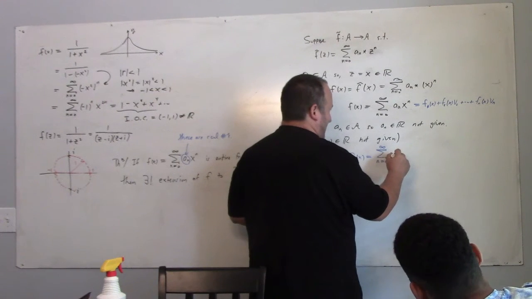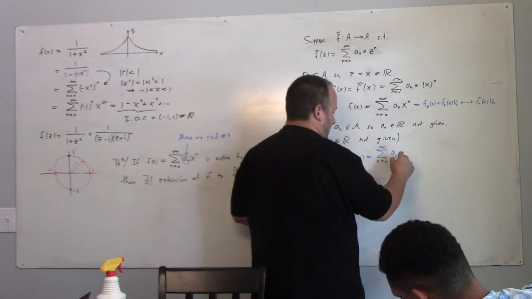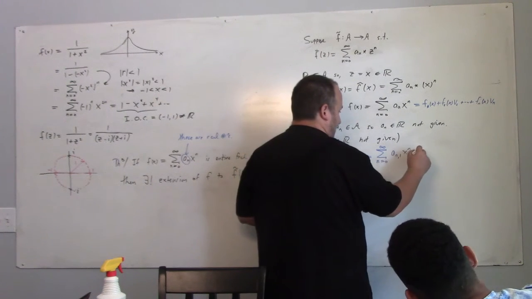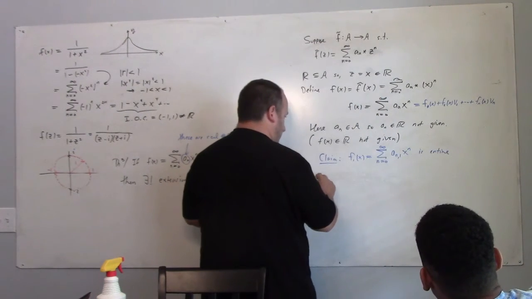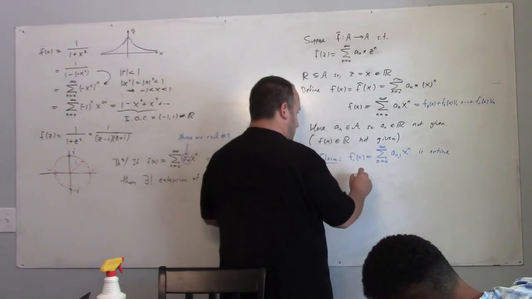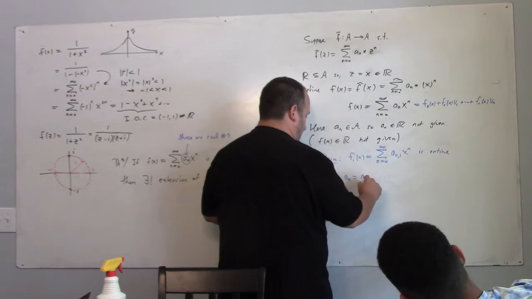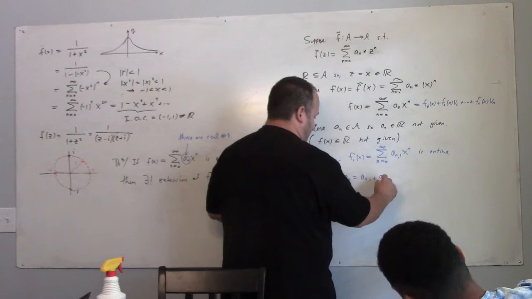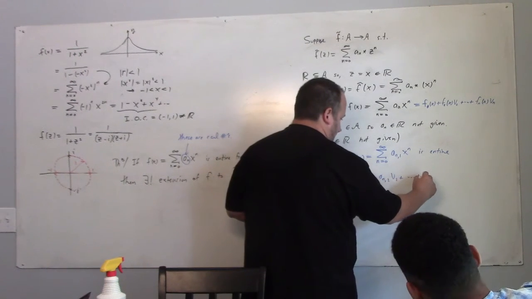n equals 0 to infinity of, I don't have a notation for this, but let's say a_{n,1} x to the n, is entire, where a_n is equal to a_{n,1} plus a_{n,2} v2 plus and so on.